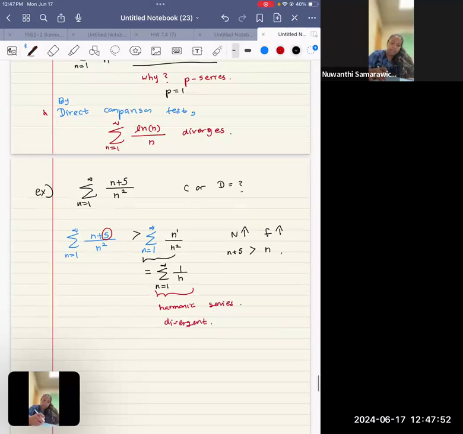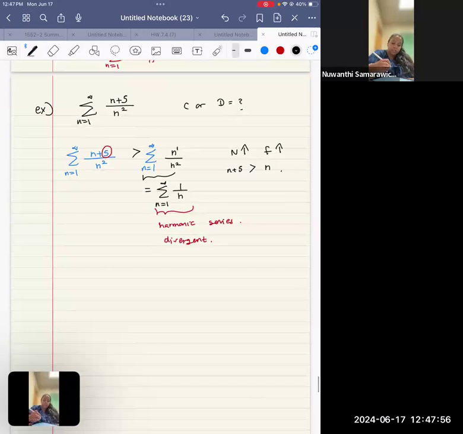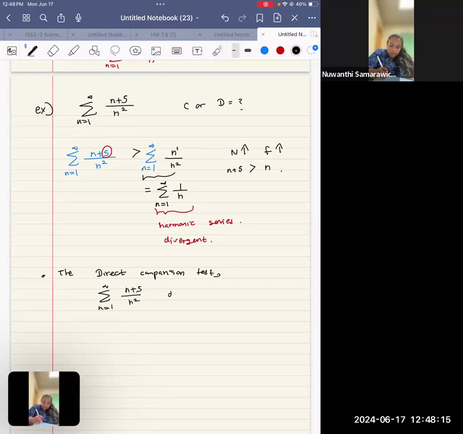Then what can we say about the bigger series? If the smaller one is divergent, then by the direct comparison test, we can say the bigger one is also divergent. Very good.